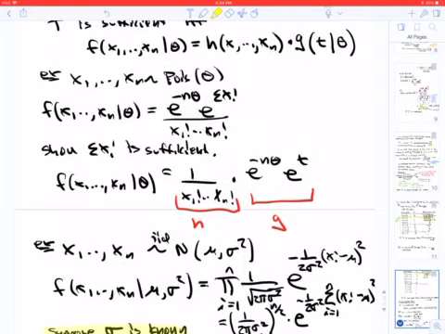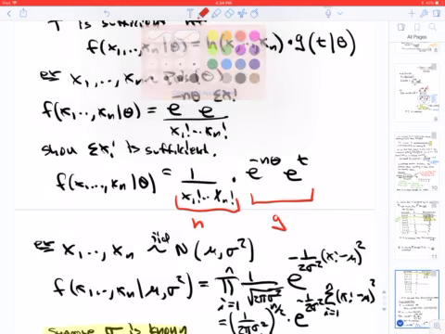So let's look at an example here. So let's say that I have x1 to xn Poisson theta. So this is the example we did before. So here, let's see how we can factor this so that we can see that the sum of xi is sufficient. Well, we can factor it like this.